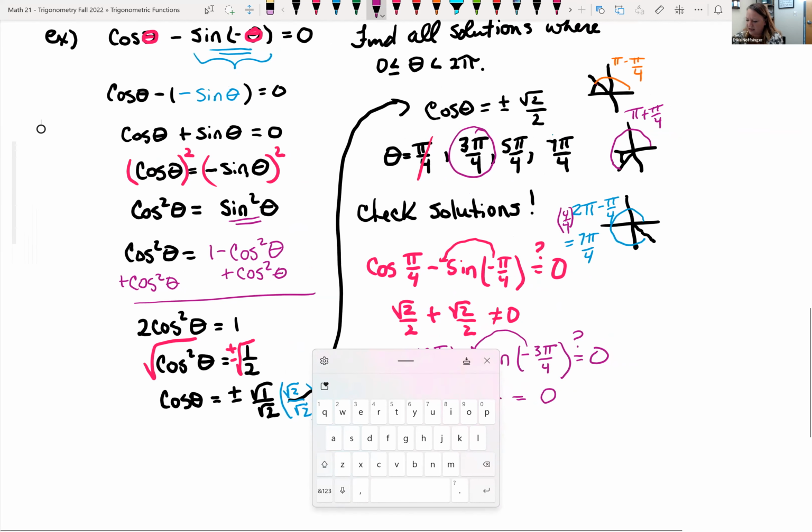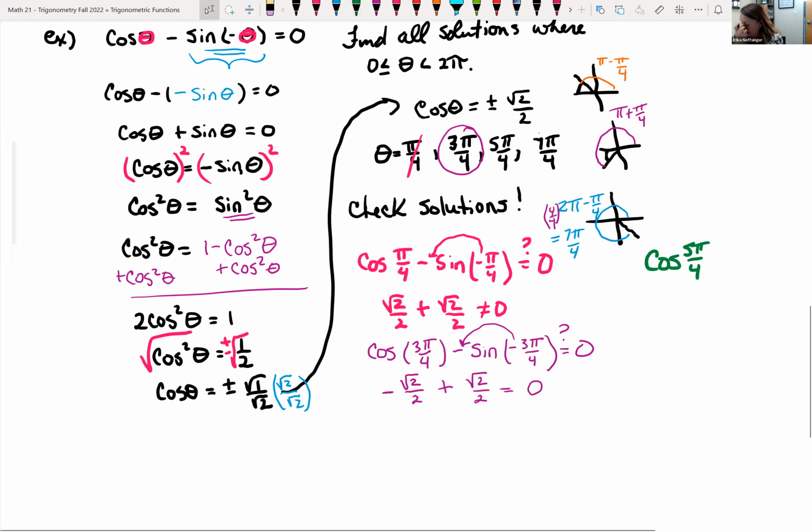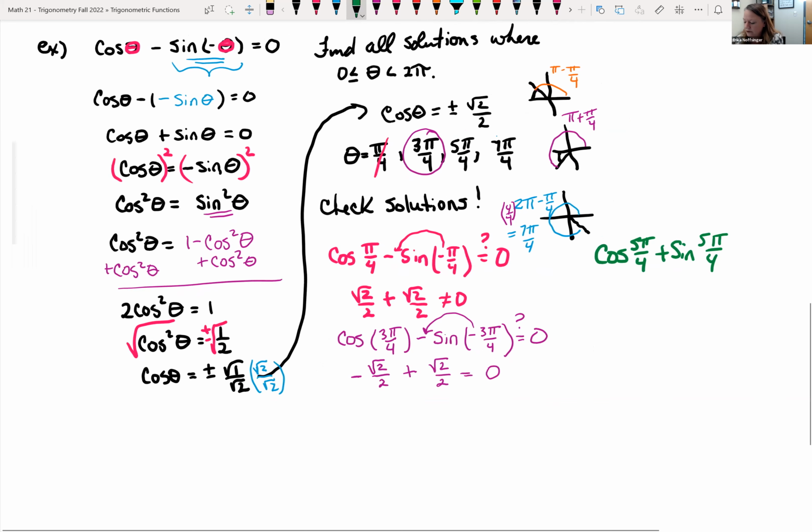Now looking at cosine of 5 pi fourths minus sine of negative theta, we could pull the negative out, so we could just put plus here. Sine of 5 pi fourths, does that equal 0?